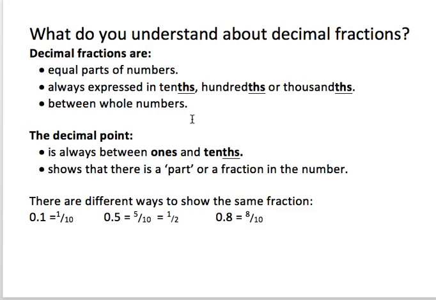They are more than, say, 35, but less than 36. The decimal point is always between the ones and the tenths, and the decimal point is a signal to us that we're working with a part or a fraction of a number. And as with all fractions, they turn up in different ways, the same number expressed in different ways.